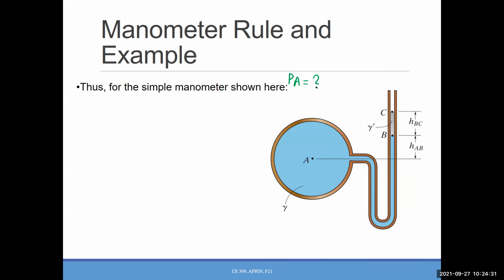Now for point number 1, you have to start from a known pressure point or a point where you have to determine the pressure. I can start equally from A or C. From which point should I start?